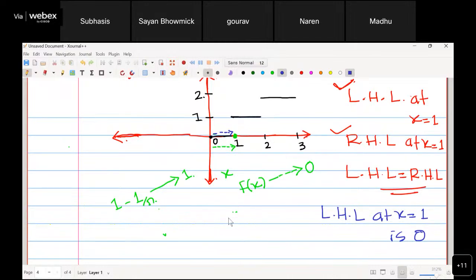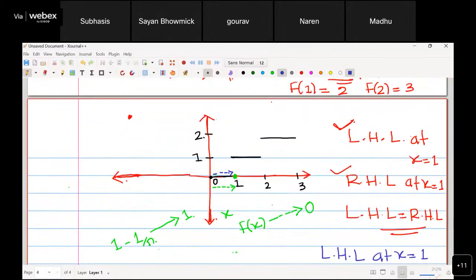Now, to check the limit, I have to compute the right hand limit as well. For the right hand limit, I have to see, when I am coming to 1 from the right hand side, where the value of the function is approaching.